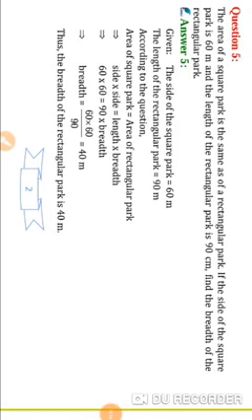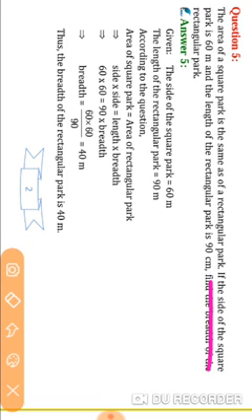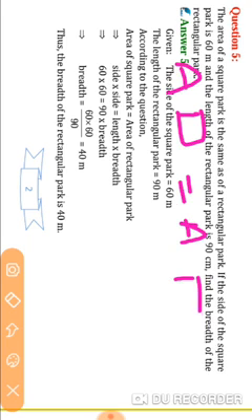The area of a square park is the same as the rectangular park. So see, the area of a square is equal to the area of the rectangle. Then the area of a square has the formula side into side. The square side is 60 into 60, given.